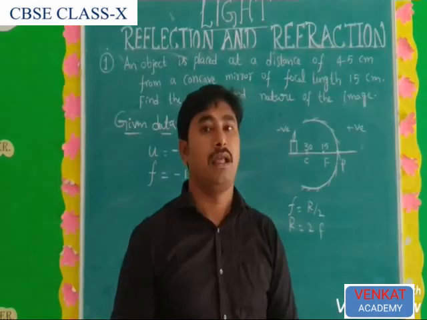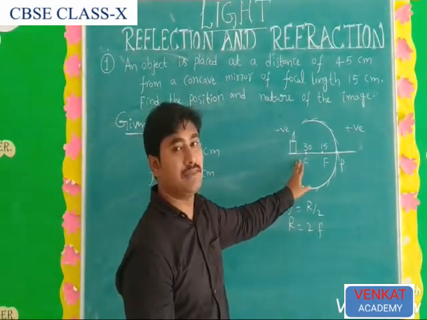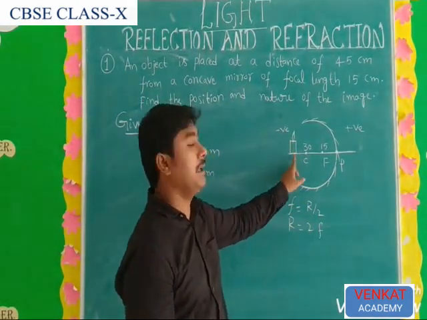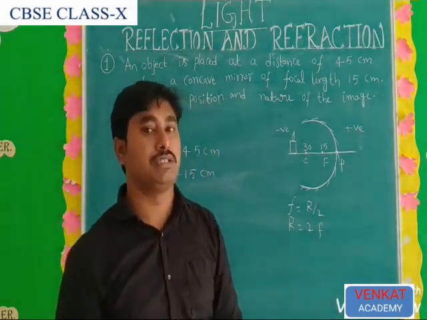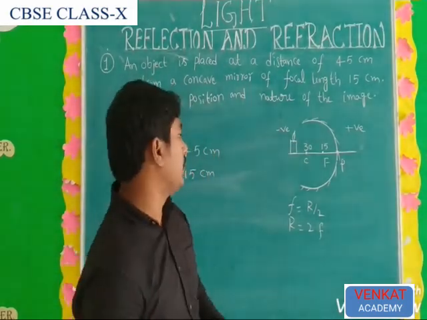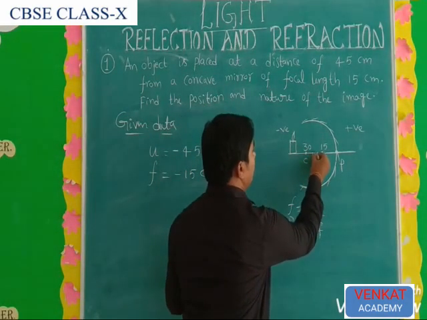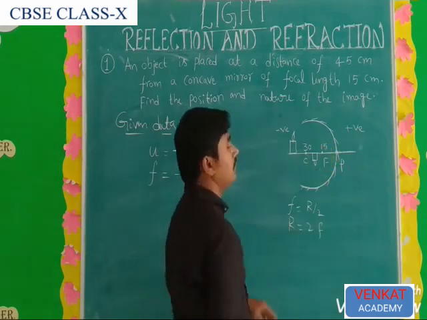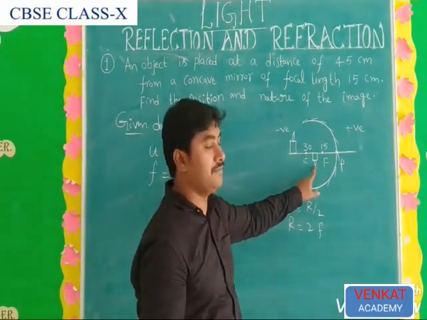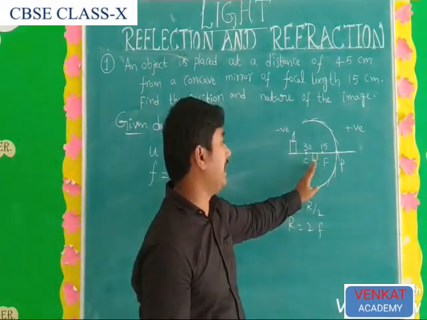Last time I explained image formation by a concave mirror. This is the second case: the object is beyond C. So where will the image be formed? The image is formed between C and F, and the image is real, inverted and diminished.